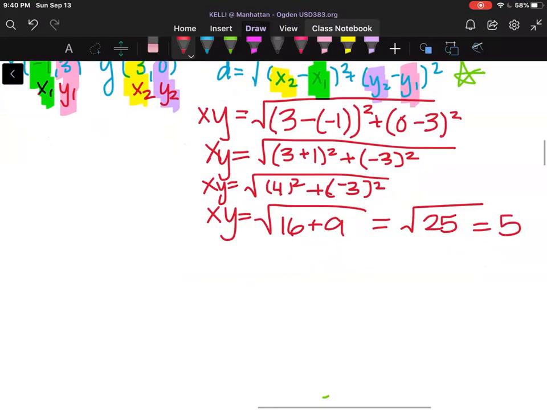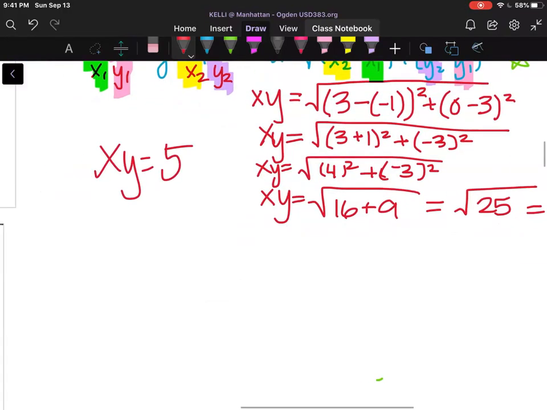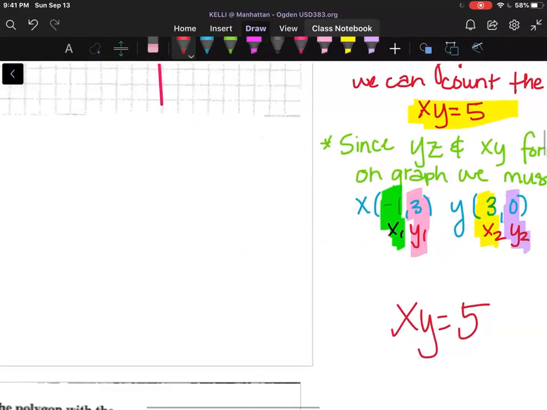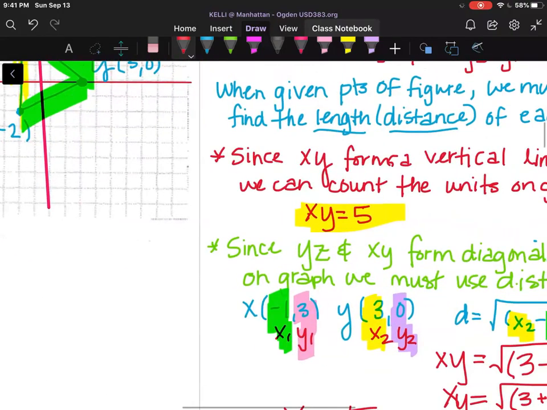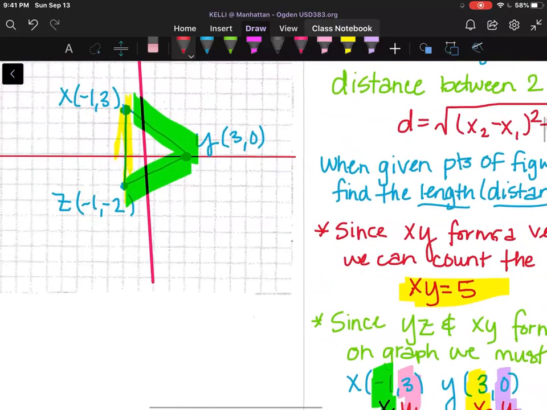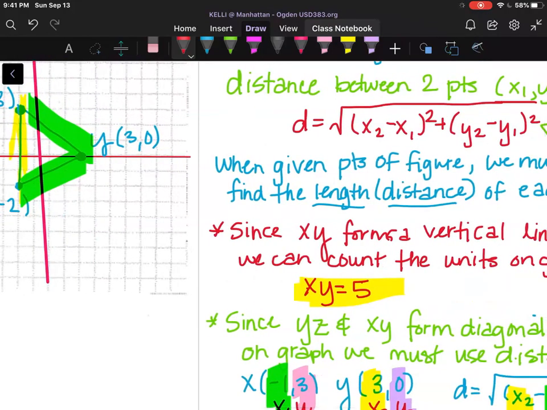So the length of my xy, I'm gonna rewrite that over here. My length of xy is 5. Alright, so now, cool. Oops, I meant, this should have been xz here, I apologize.